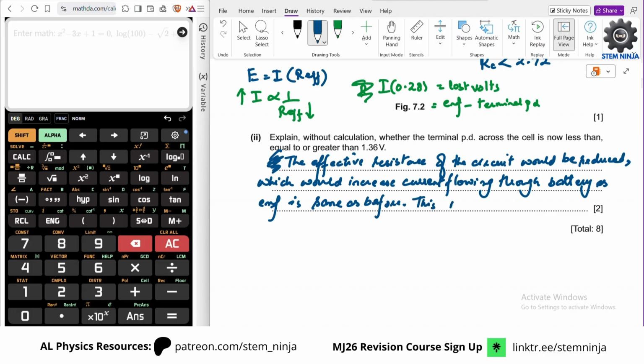This would increase the potential drop across the internal resistance, across the battery, due to internal resistance.